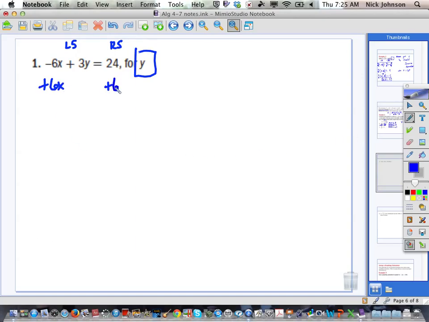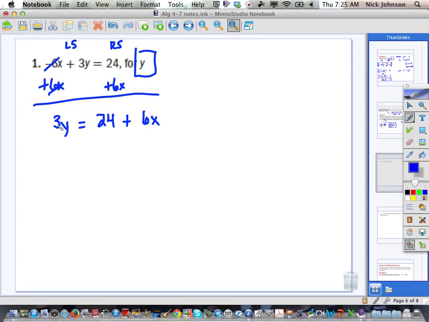Whatever I do to one side, I do to the other. The 6x's are gone. Leaves me with 3y equals 24 plus 6x. Can you combine those? No. 24 plus 6x. Okay? Is y by itself? y is not by itself.